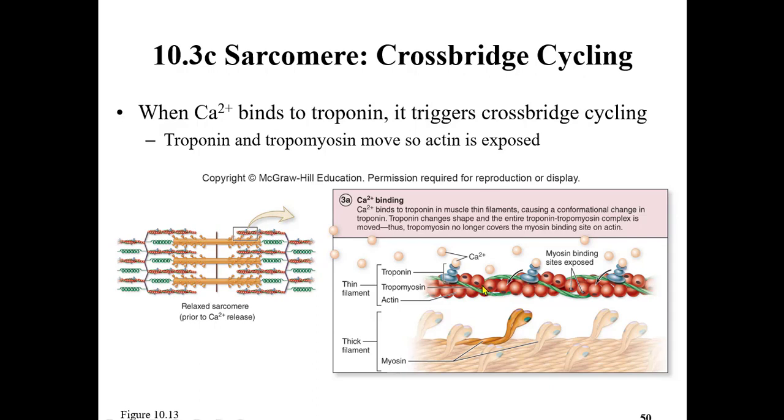And when it moves out of the way, what is now exposed? The myosin binding sites are now exposed. That means that the myosin heads, the ones that look like a golf club, can now stick to these binding sites. Now, in order for it to stick to it, I have to have ATP. That's not mentioned yet. It's coming up.